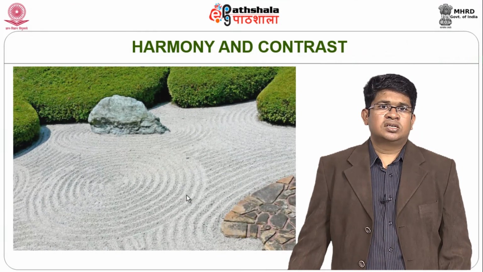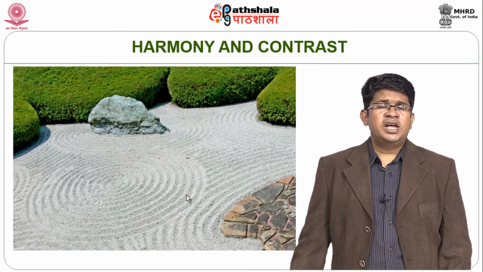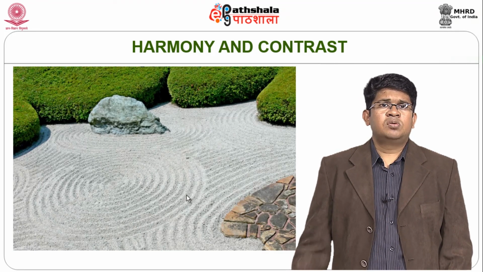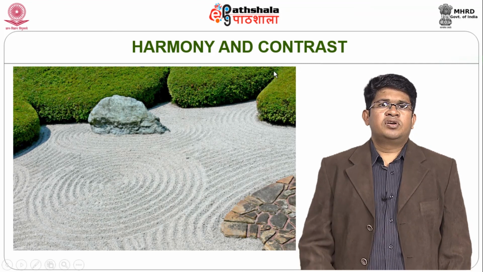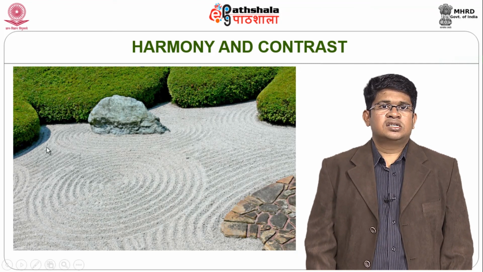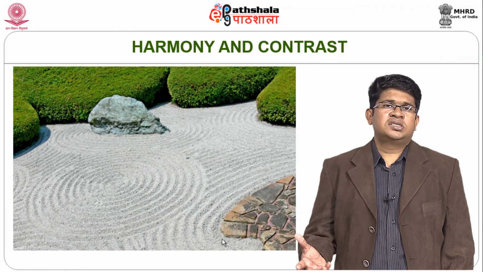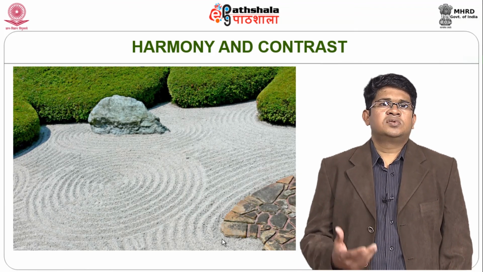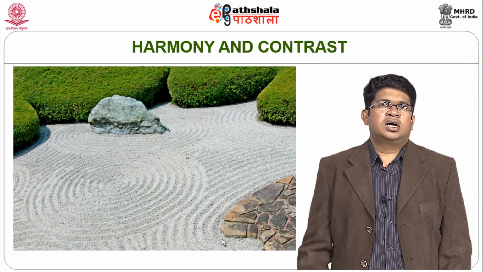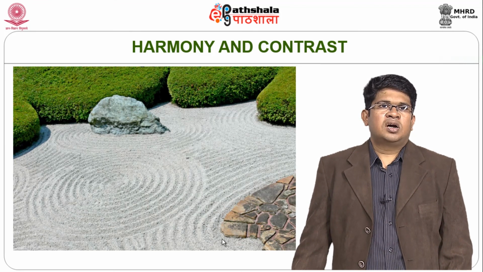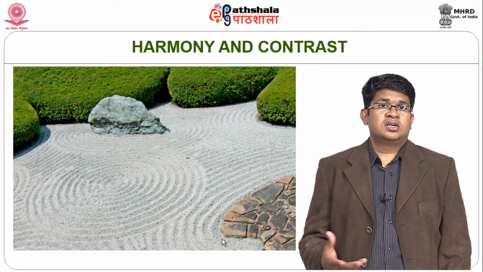entire picture as such. A good example is Japanese landscapes, how texture is being brought in, how different forms and shapes were brought in, exhibiting different kinds of qualities in terms of textural material, but at the same time a certain sense of harmony also exists in terms of contrast.